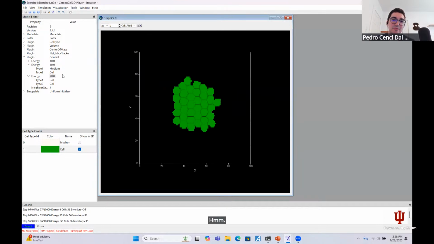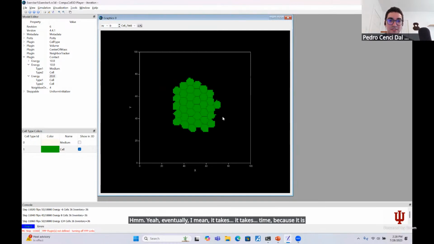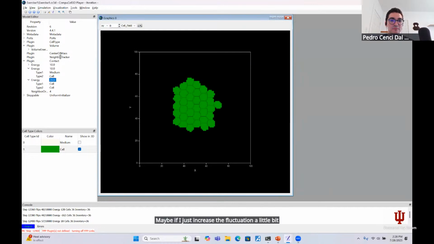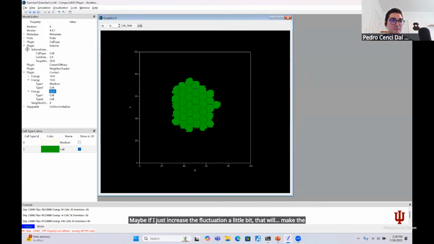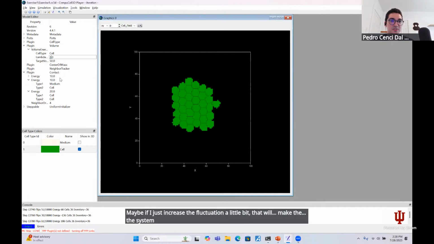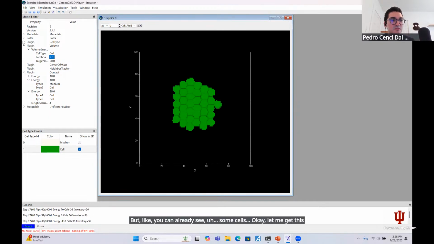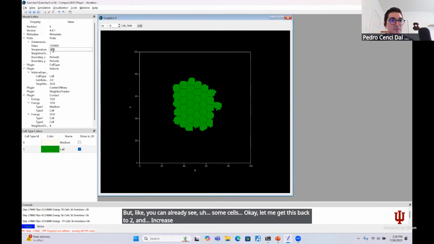Eventually, I mean, it takes time because it is probabilistic. Maybe if I just increase the fluctuation a little bit, that will make the system a little bit faster. But you can already see some cells. Okay, let me get this back to 2 and increase the temperature.